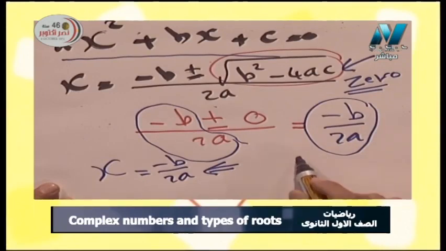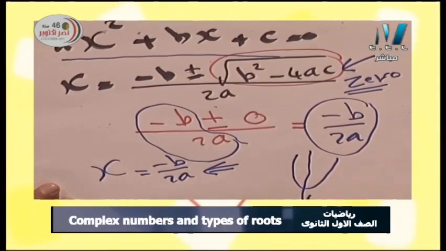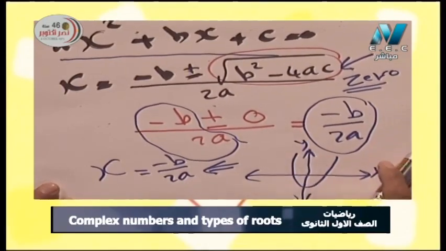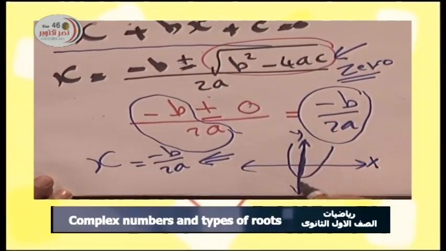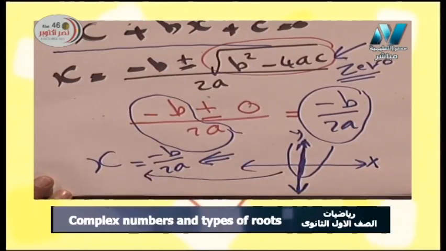If we have a parabola here, with the x-axis and y-axis, the axis of symmetry has the equation x equals negative b over 2a.